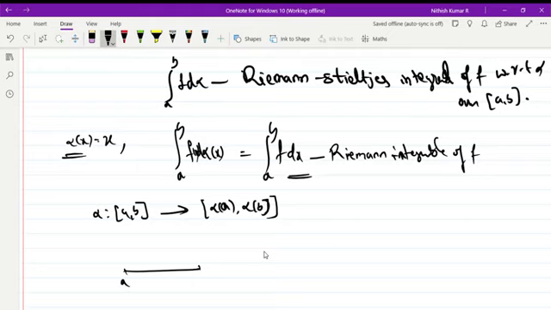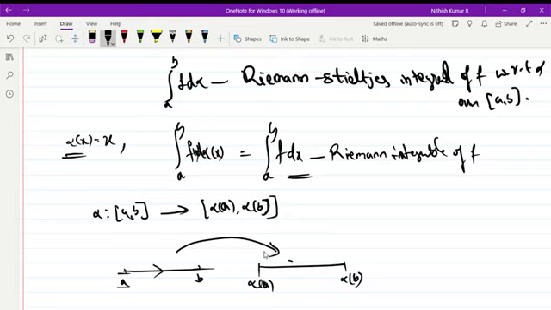Say this is the closed interval [a, b], and this is alpha of a and alpha of b. This function scales your closed interval [a, b], or in other words, the speed of approaching from a to b is changed.